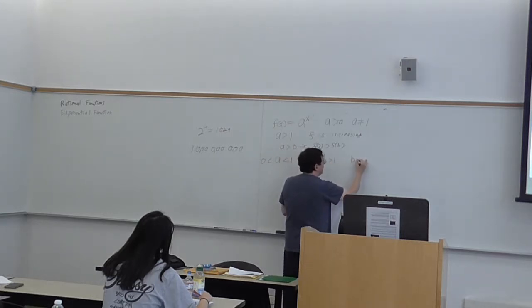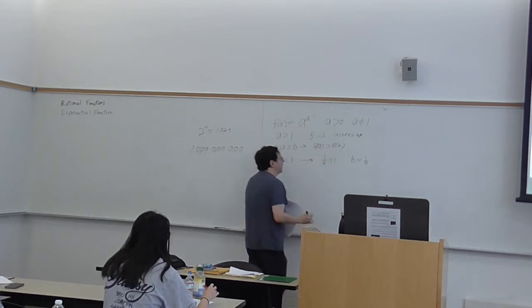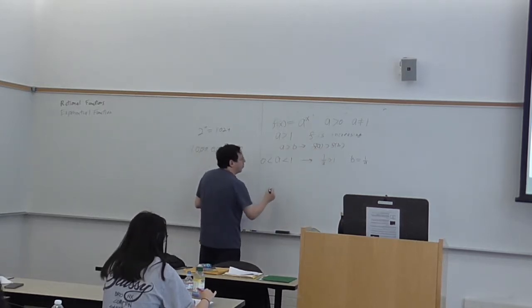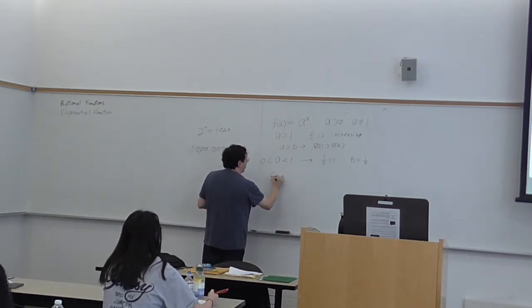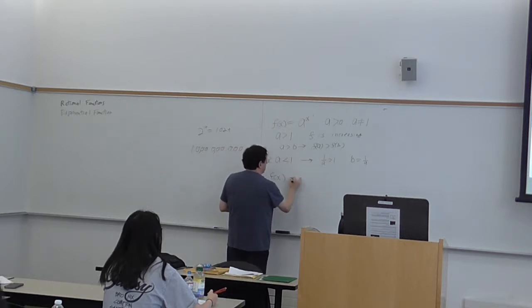And I'm just going to call B 1 over A. So my function becomes f of x equals 1 over B to the x.